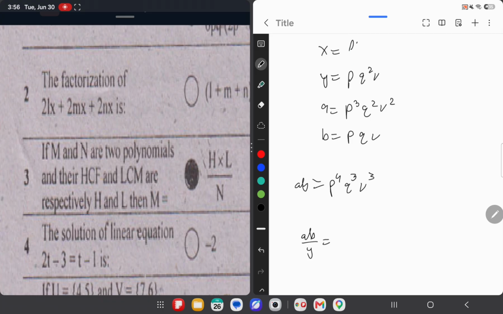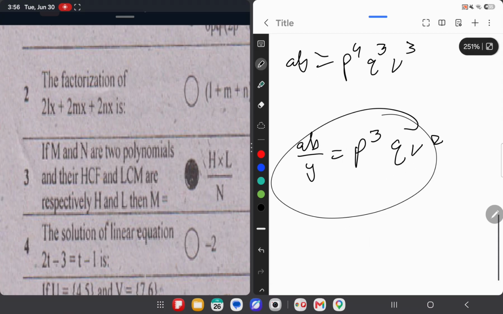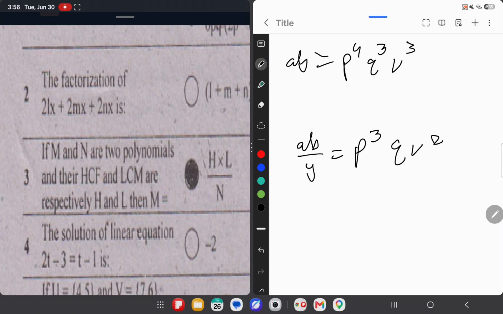It is p cubed q r squared. Now divided by y we get p to the 4th, p to the 3, q and r squared. Voila! Look at that. We found a.